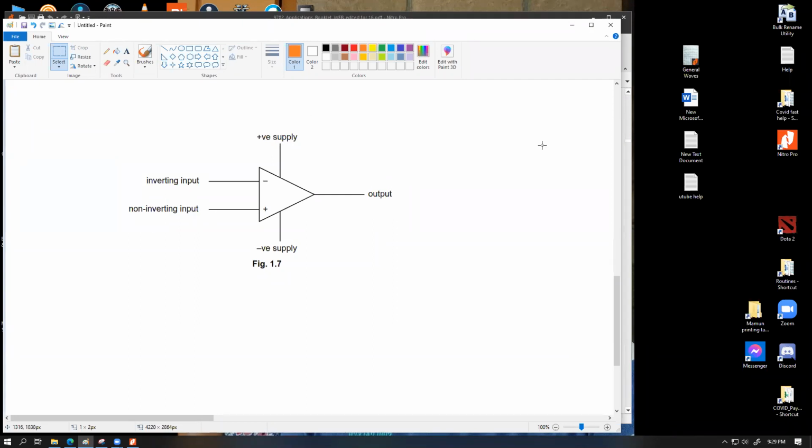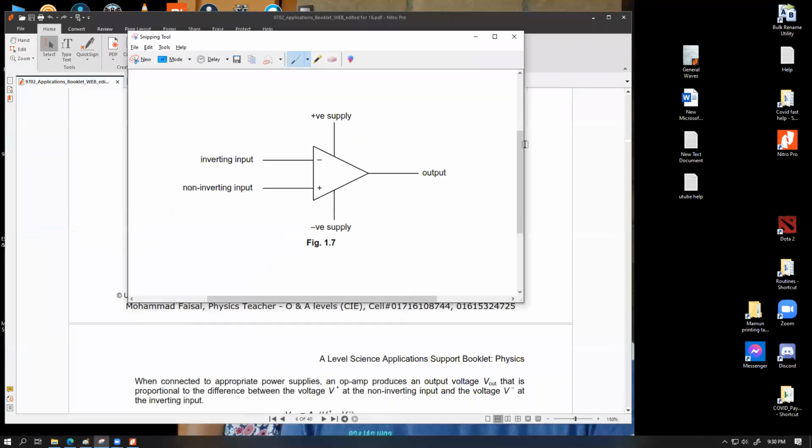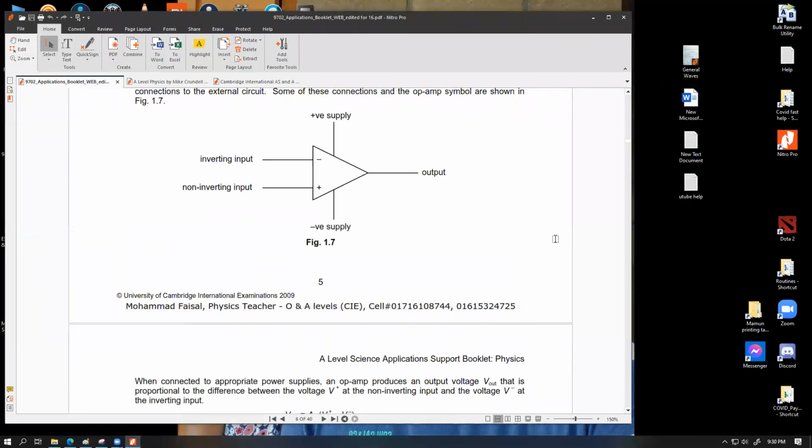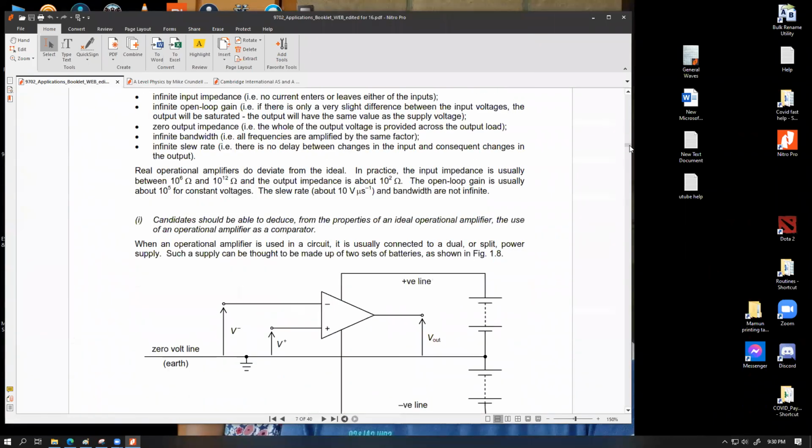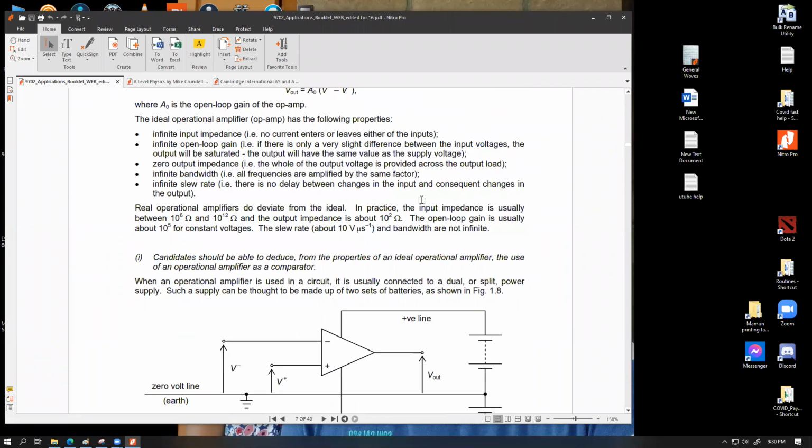The first property was said to be zero input impedance. Sorry, infinite input impedance, then infinite open loop gain, zero output impedance. I might as well copy it.